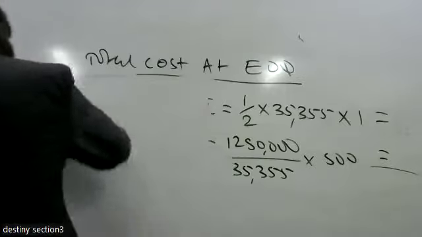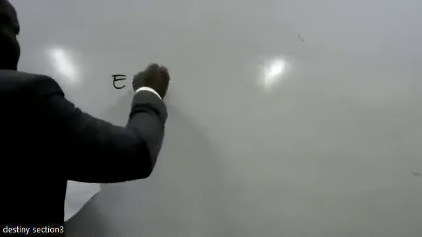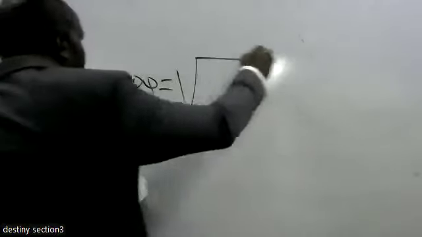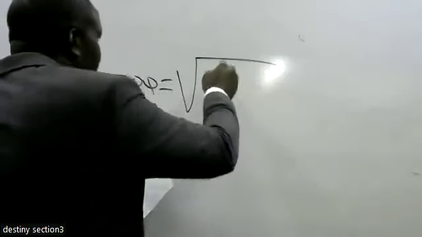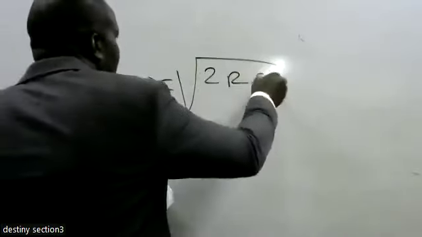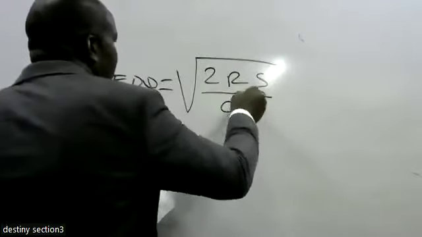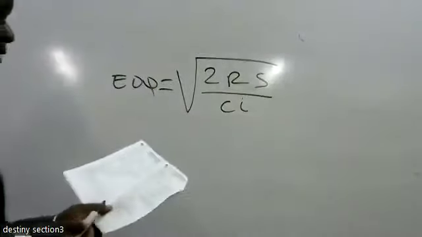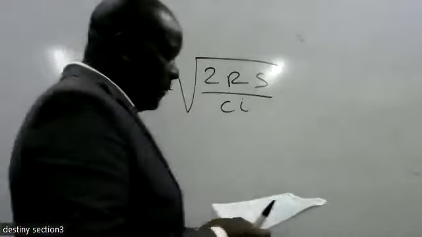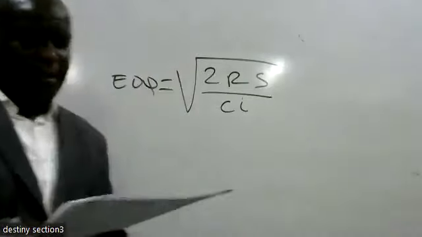I've just indicated there the economic order quantity, which is supposed to be given by the square root of 2RS divided by CI. This is what is indicated there, even though it is not clear. So that is what it should be.